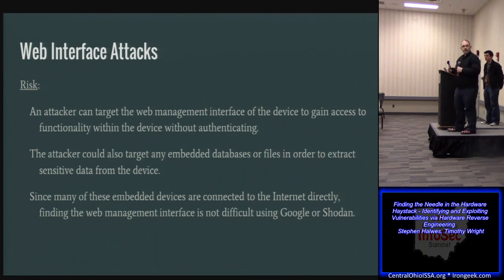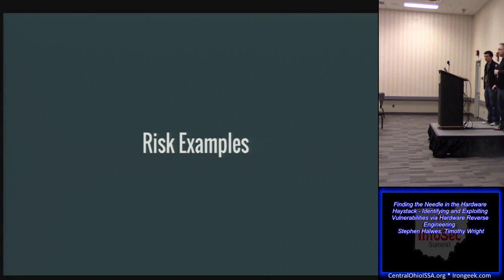And so we've seen a lot of these interfaces that are not really coded well, and you can bypass access controls, access admin features directly just by calling the URL without actually authenticating into the device. And so if these devices are sitting out on the internet, using tools like Google or Shodan becomes very trivial to find these interfaces and attack them. So this is something that I think a lot of researchers have been showing more and more of, these weak interfaces. So we're going to walk through some risk examples.